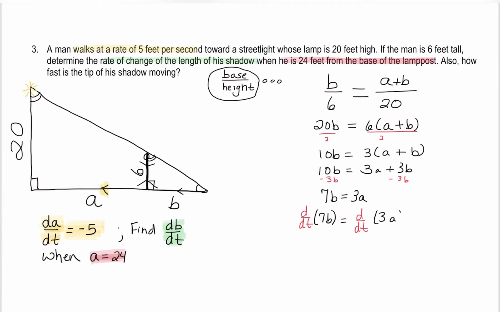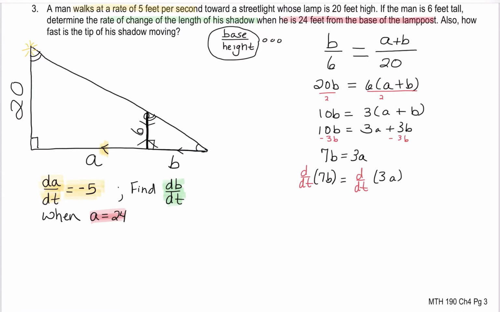All right, so following our rules for implicit differentiation, when I differentiate a b term, I have a 7 there, and I multiply by my dB dt. On the right-hand side, the derivative gives 3, and I multiply by my dA dt. So what am I trying to find in this one? Well, I'm trying to find dB dt, of course.